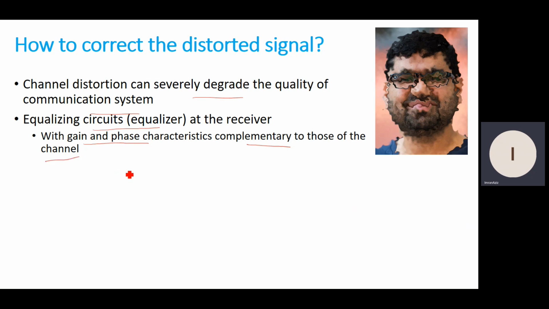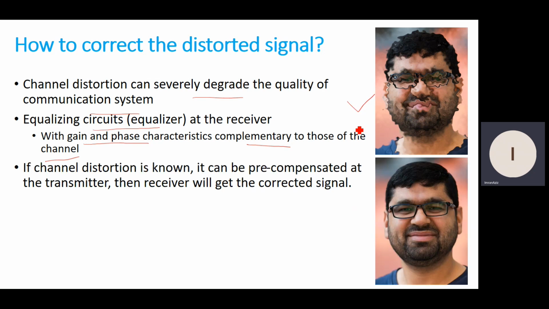What does it mean? It means that if we know that the signal, when it reaches the receiver, will have a shape like this, we can design a complementary circuit with complementary gain and phase characteristics, so that when this signal reaches the receiver, it gets corrected automatically.